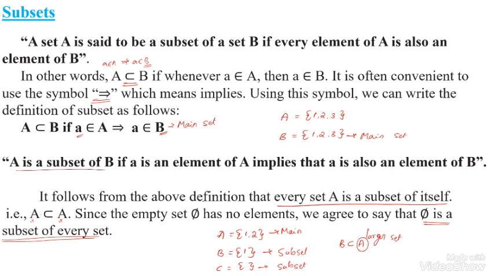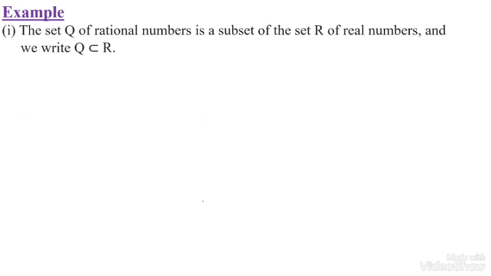Now let us move on to the examples. We will discuss the examples one by one, and then the definition will be clarified. The set Q of rational numbers is a subset of the real numbers.